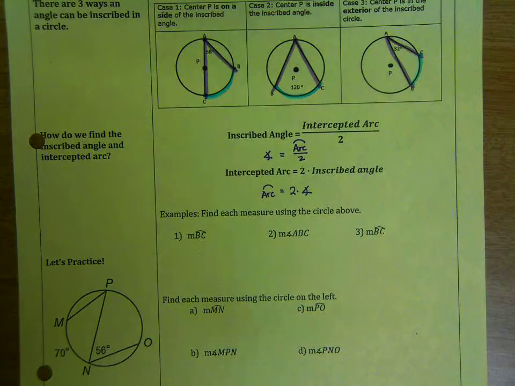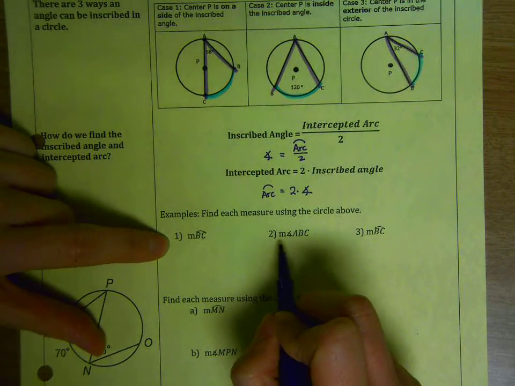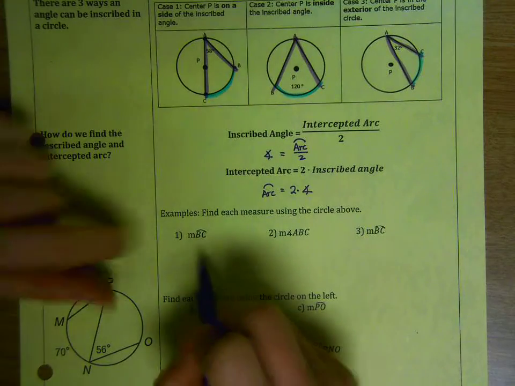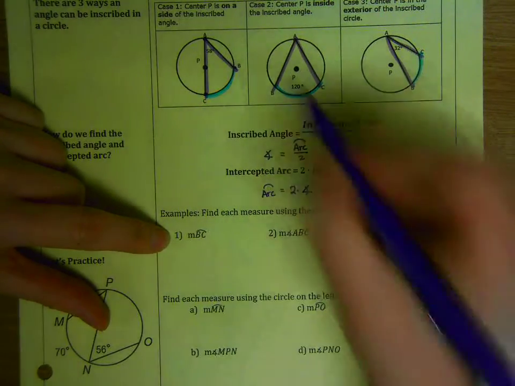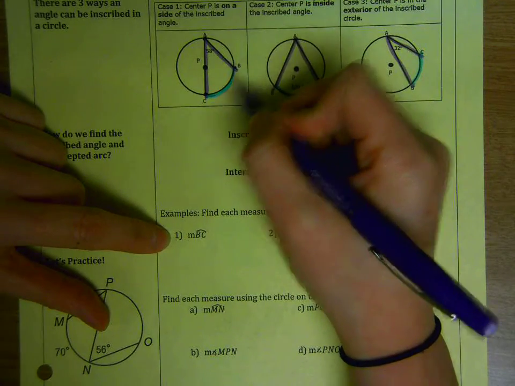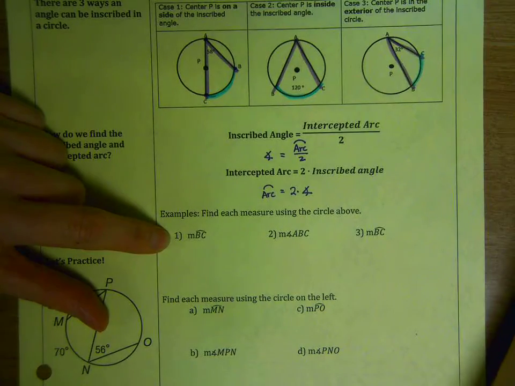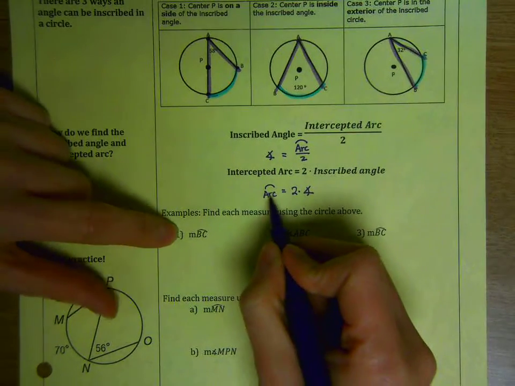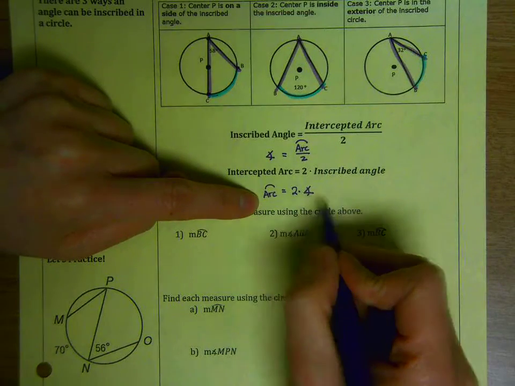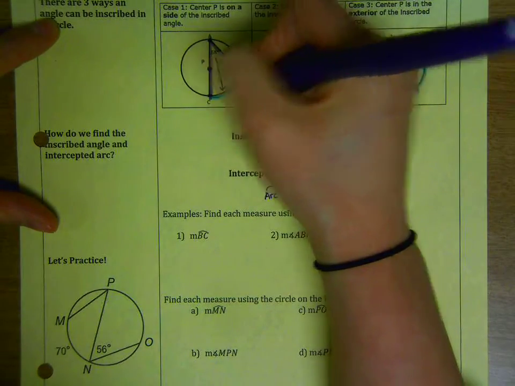So let's take a look at the examples. These examples correspond to the cases. Let's find the measure of arc BC. BC is color coded blue, and purple is the inscribed angle. So the inscribed angle is 58. To find the arc, I'm going to choose the second formula, angle times 2.